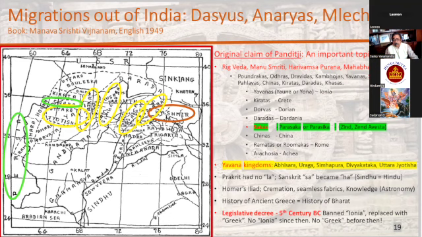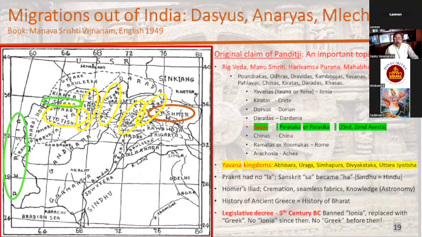I understood in your topic that the Yavanas and others went to different places and there also they practiced Sanatana Dharma for a considerable period of time, and after that they stopped it. That is why they are called the Anaryas, right? So if they practiced Sanatana Dharma in the place where they migrated for a considerable time, why did they move in the first place?